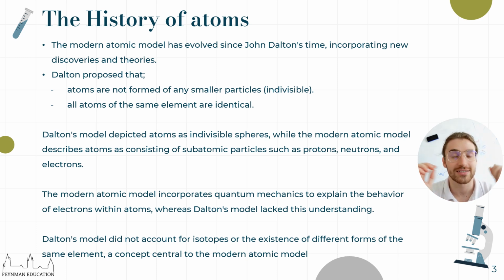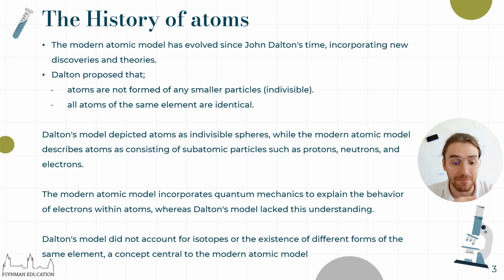We now know that this is incorrect, and we can divide them into protons, neutrons, as well as quarks, which you will get to probably in high school chemistry or university chemistry. But yeah, John Dalton's model was the closest to the current model in history that we came across.